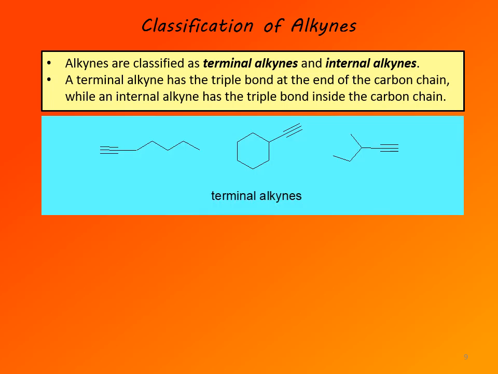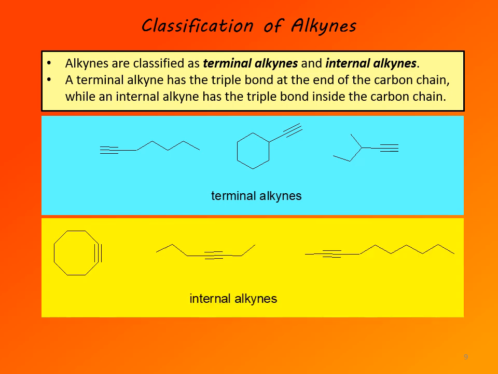So here are some examples of terminal alkynes, and you can see in each case the triple bond is at the end of the chain, which means that each of the terminal alkynes has a hydrogen atom attached to an sp hybridized carbon atom. And these are examples of internal alkynes. So in each case, the triple bond is inside the chain.